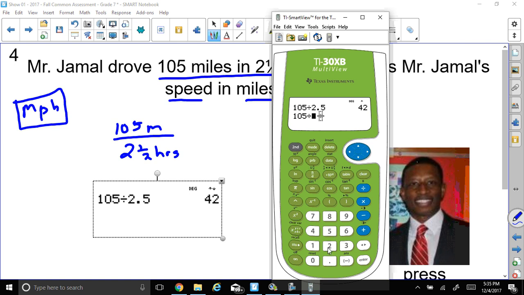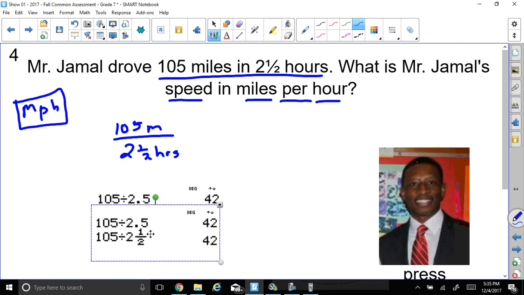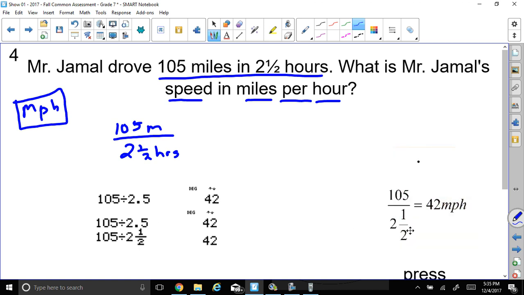So 2, let's move over, and 1, go to the denominator, half, and go over. So let's divide that. You still should get 42, and yes, we do. So whether you use the decimal or that fraction mixed number, you still should get 42 miles per hour.